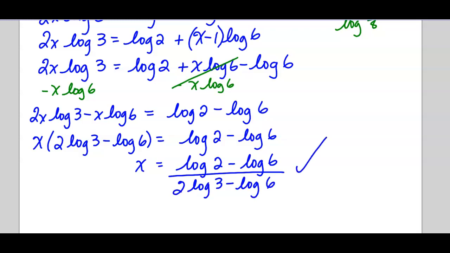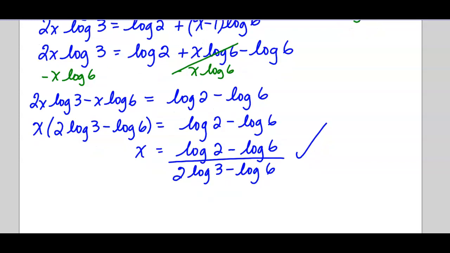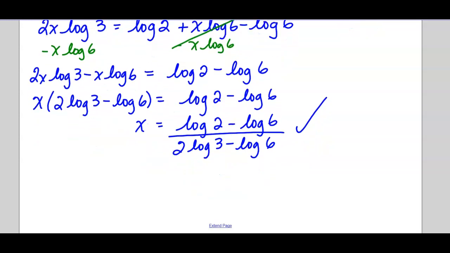Okay, so that I will accept. But if it's in a multiple choice and you don't see it there, maybe it's been simplified in a different way, right? In this case, we've shown this as log of 2 over 6, which is 1/3.